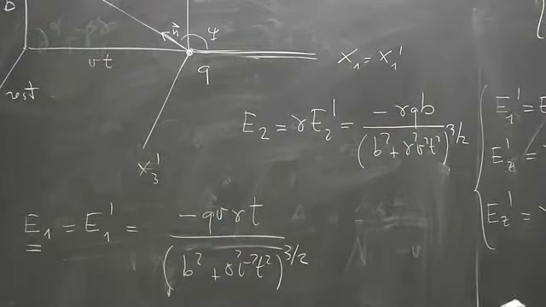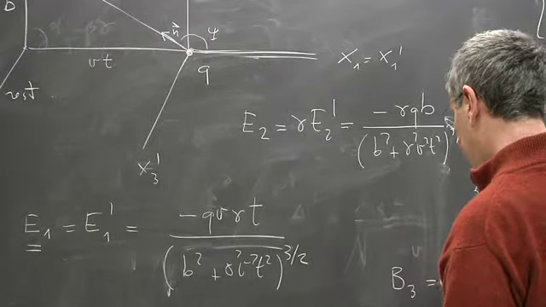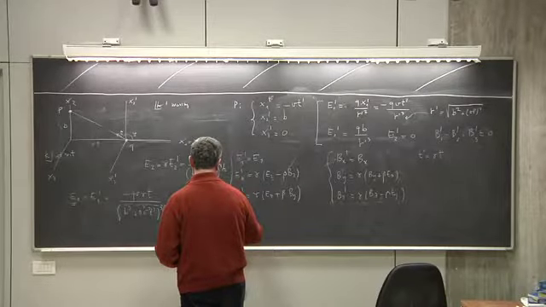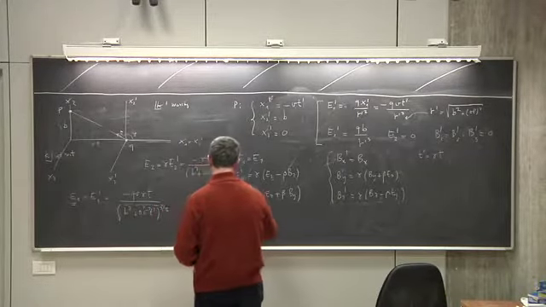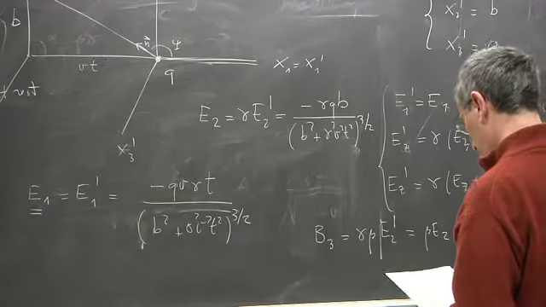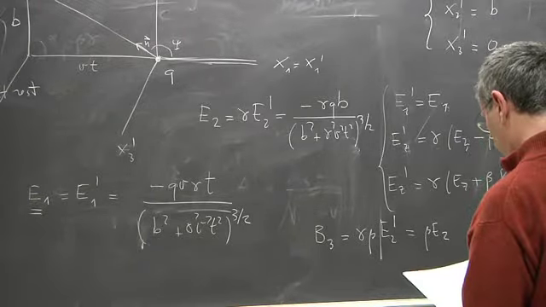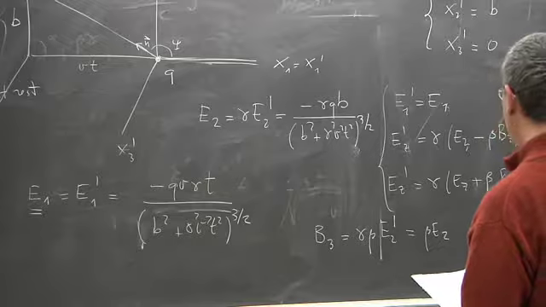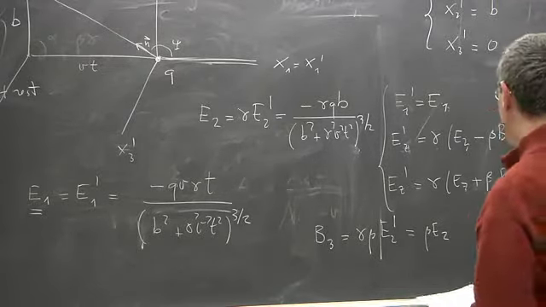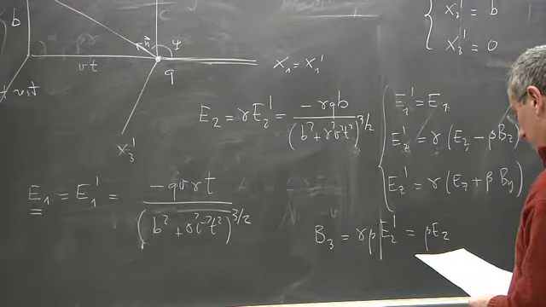Now the B field is generated. Actually, you generate a third component of the B field that is just gamma beta E2 prime. That is just beta E2. I was wondering about the same, if I wrote it in this direction or the other.